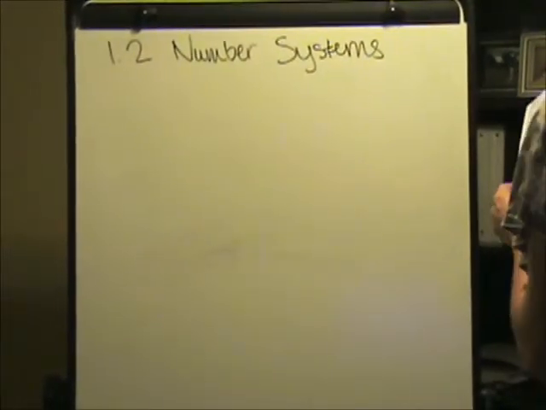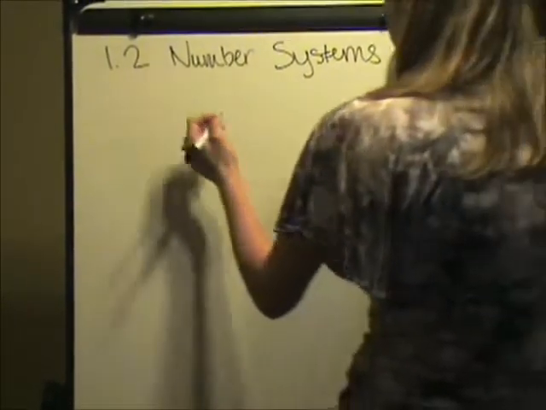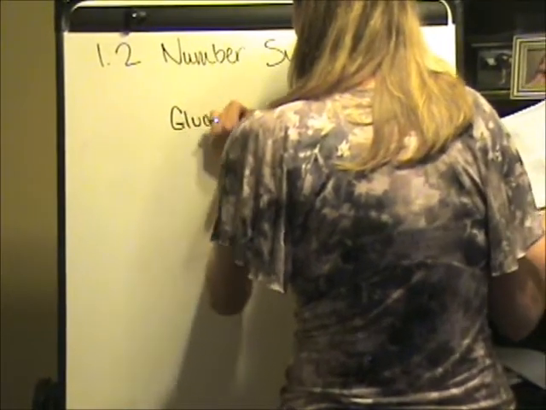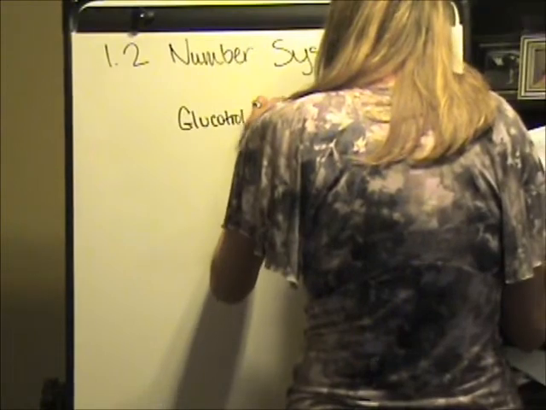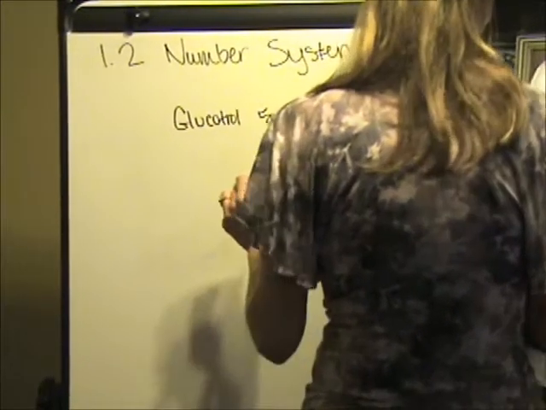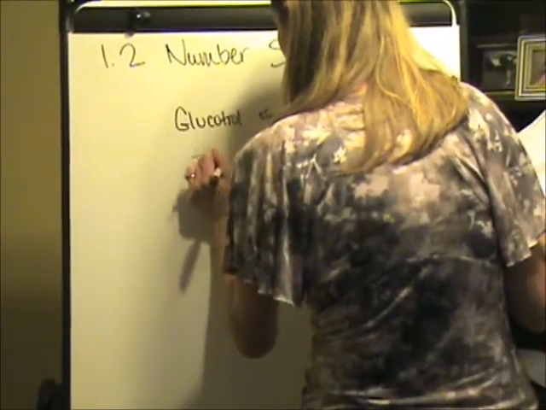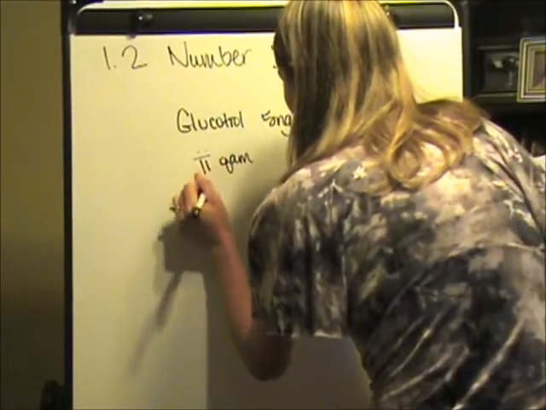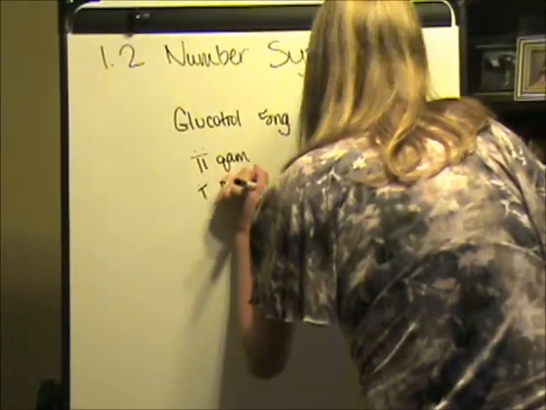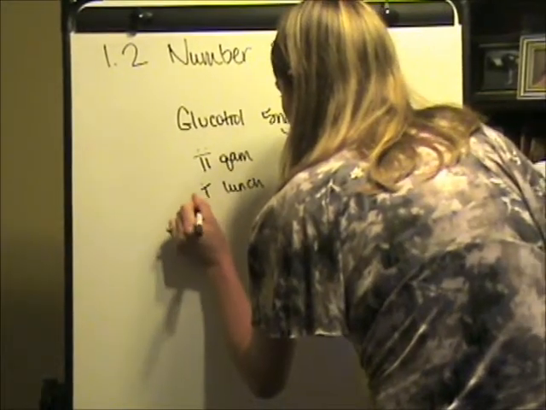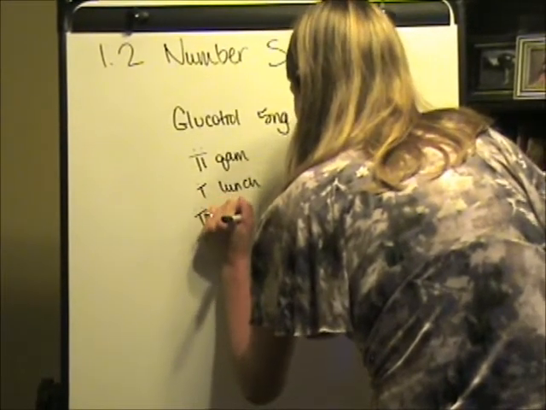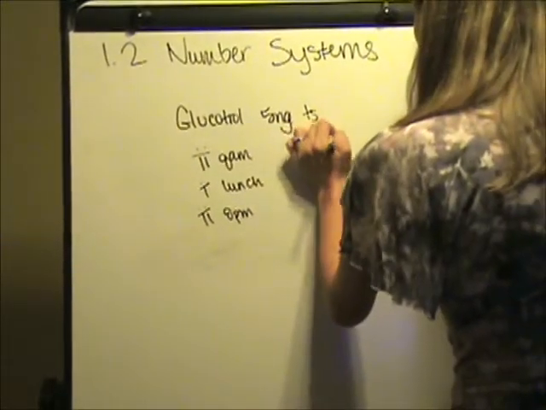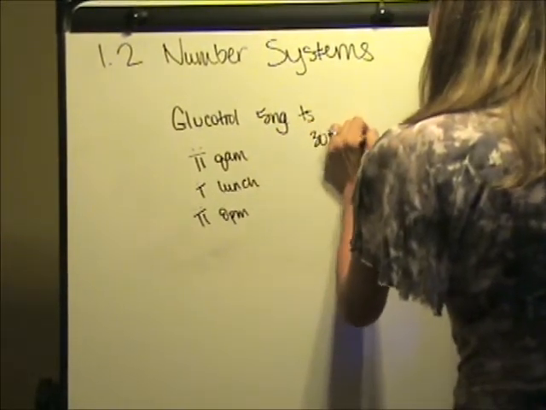Okay, number 37. Glucotrol, 5 milligram tablets. All right, question A. We want a 30-day supply. Can't forget that.